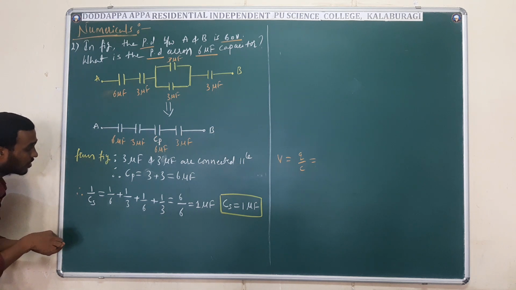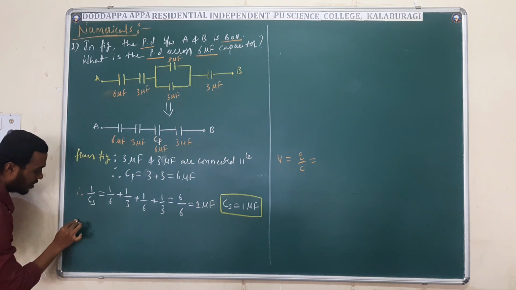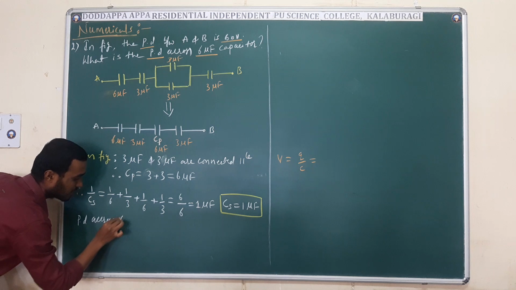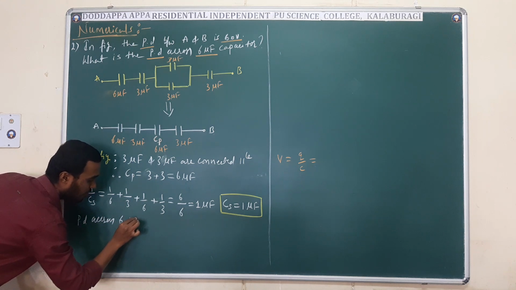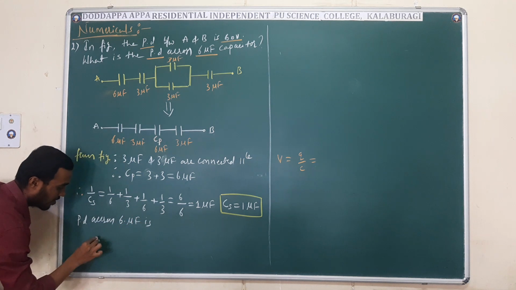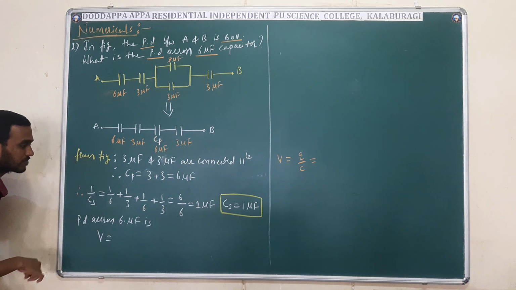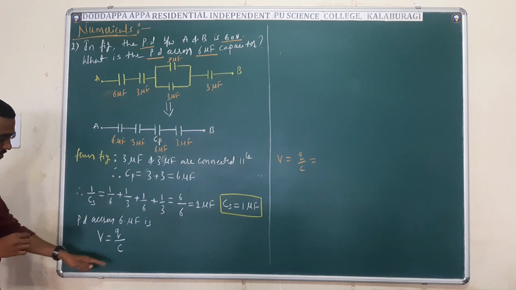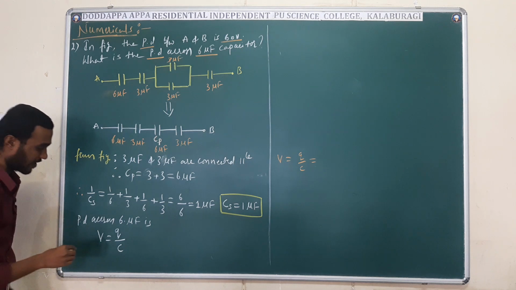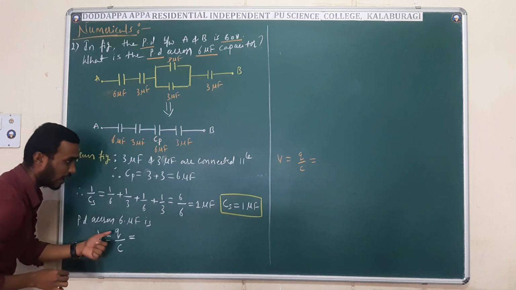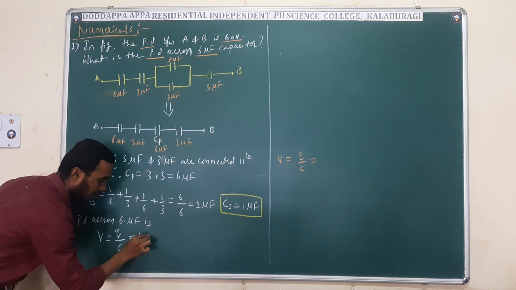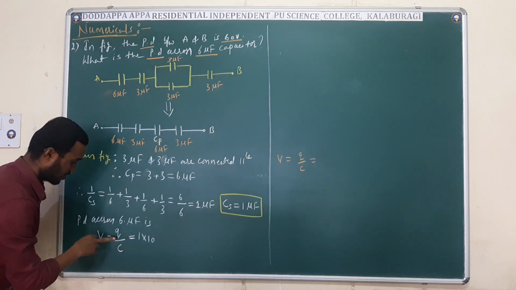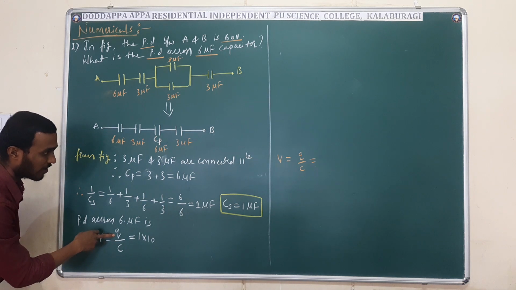The potential difference across the 6 microfarad capacitor is V is equal to Q divided by C. Which capacitor is it? The 6 microfarad capacitor. But the charge value we still do not have here.